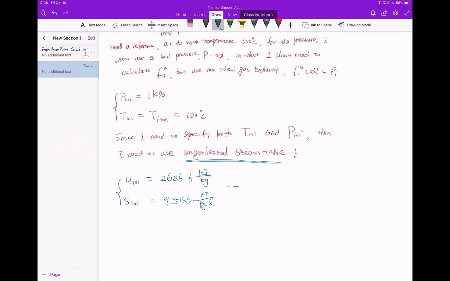Then of course I could calculate my G initial, which is my H initial minus T S initial. Okay, that T is 100 degrees C. This value is negative, kilojoule per kilogram.